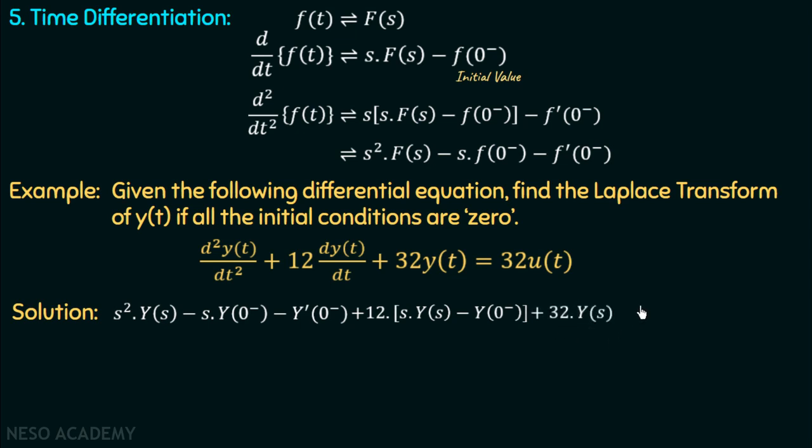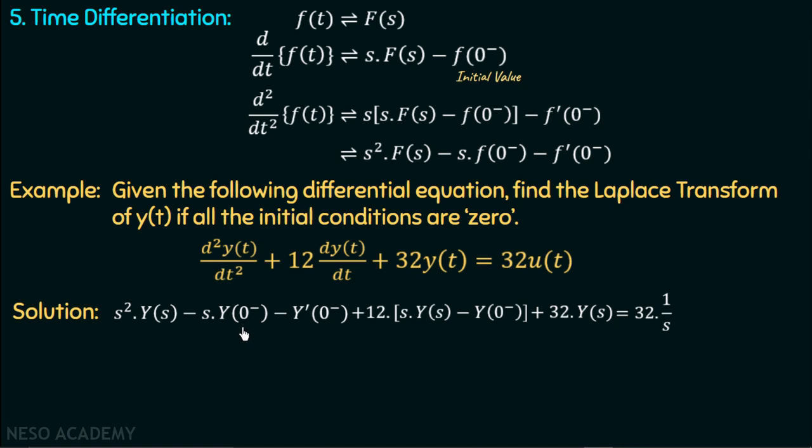And in the right hand side, we have 32 u of t. The Laplace transform of u of t is equal to 1 over s. So in the right hand side, we have 32 multiplied 1 over s. Now we are given in the question that all the initial conditions are 0. So in this step, all the initial value factors will become 0.